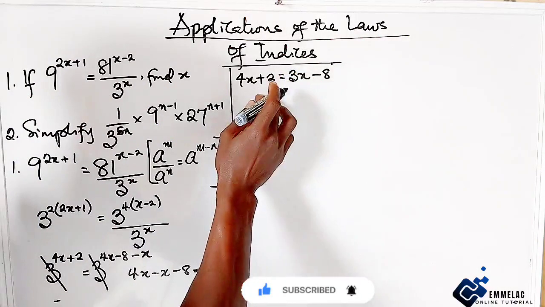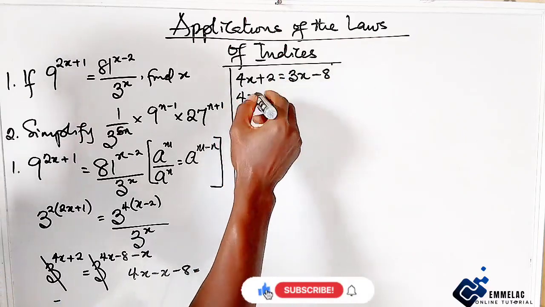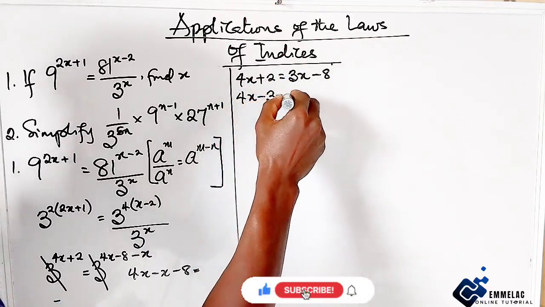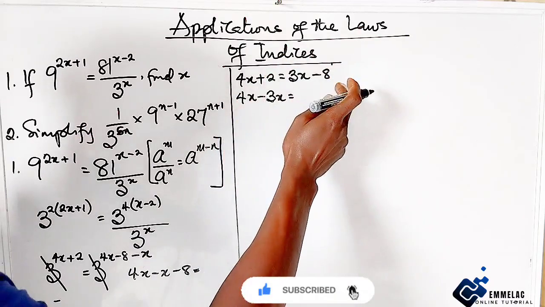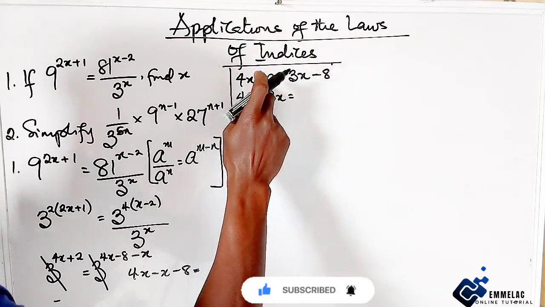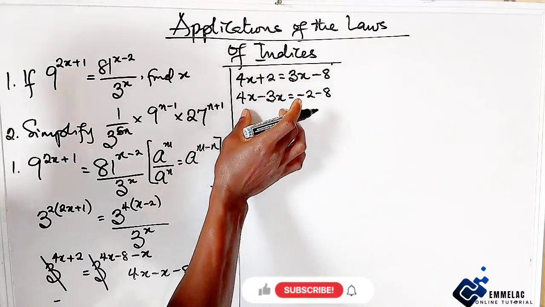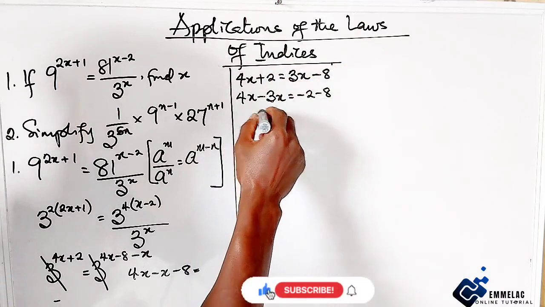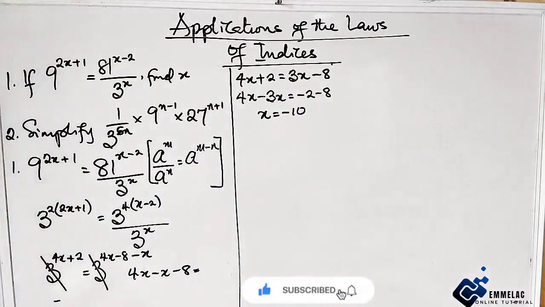Bringing 3x to the left hand side, we have 4x changing to negative 3x. Now transposing 2 to the right hand side, this positive becomes negative. So here you have minus 2 minus 8. So x equals minus 10. So the value of x equals minus 10.